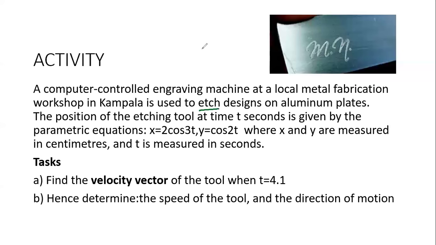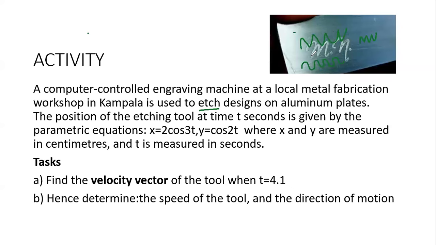Like when you are putting designs, let's say you have your metallic cup and you want to put something on your cup, there are some kinds of machines we use. And when those machines are moving, they form those kinds of trigonometric curves.